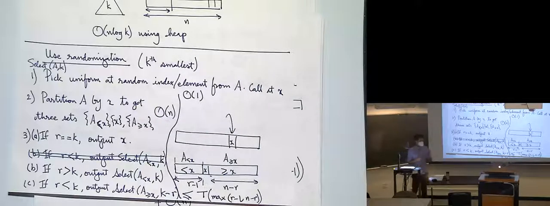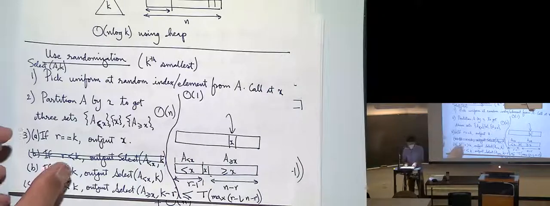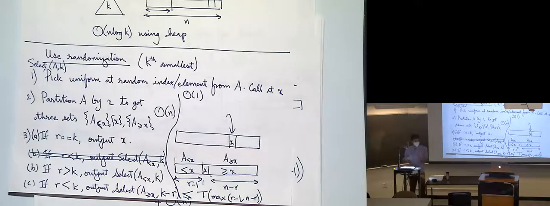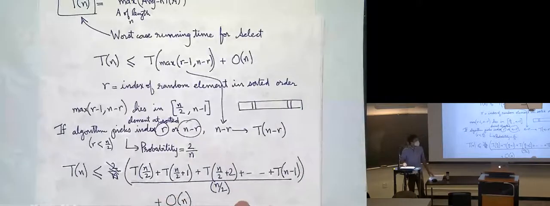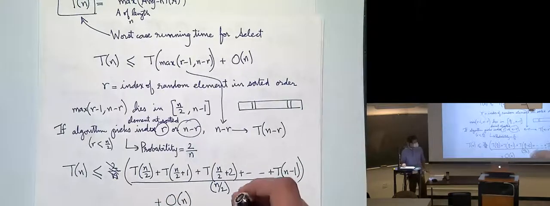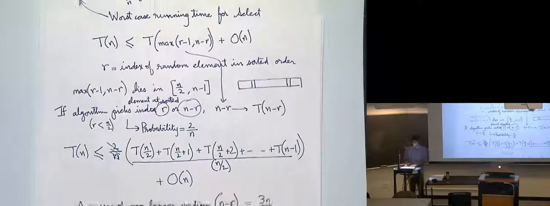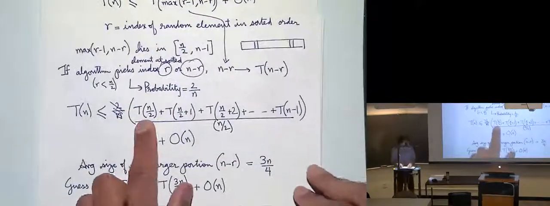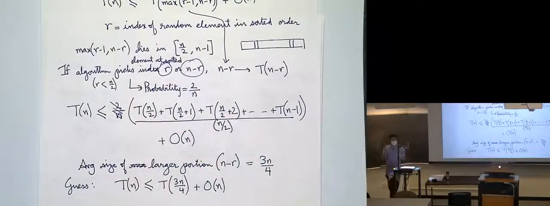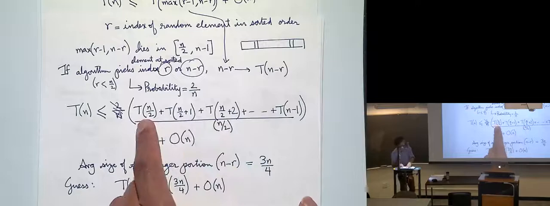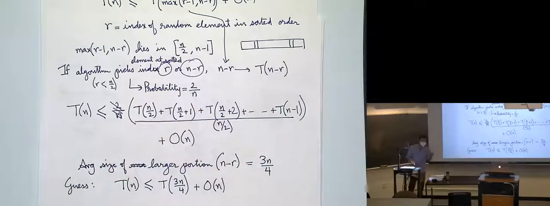I think that, if you're unfamiliar with a lot of that, the easiest way to think about it is to write the recurrence in this form. Now, to make a guess for this recurrence, let us just guess that we always get the average size. We're going to say the average of the t's is t of the average.